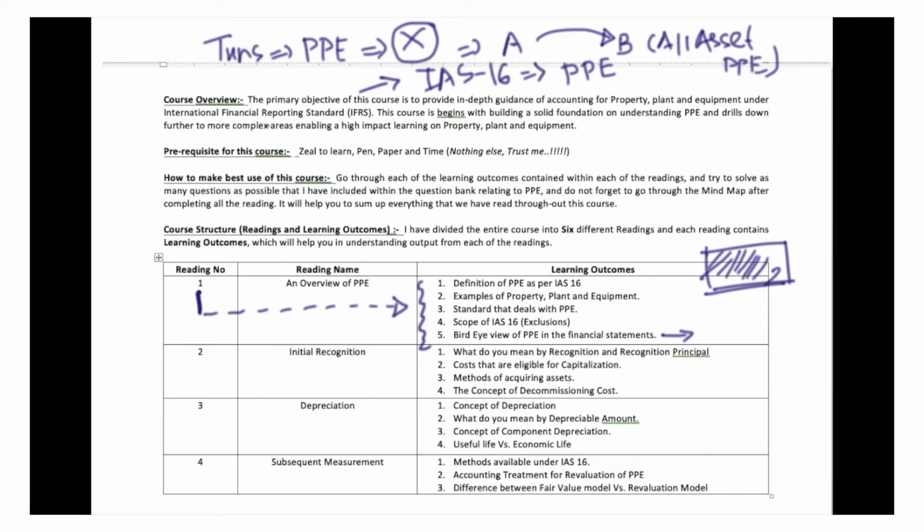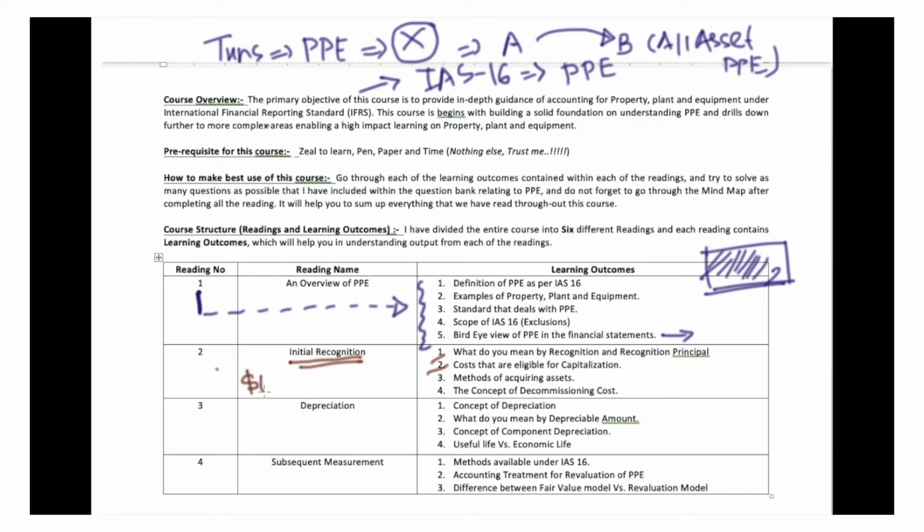After this, we will move on to the second learning outcome, second reading, in respect of initial recognition. We will talk about how and when to recognize property, plant, and equipment in the books of accounts. We will discuss by what amount we need to recognize it and what costs are eligible for capitalization.